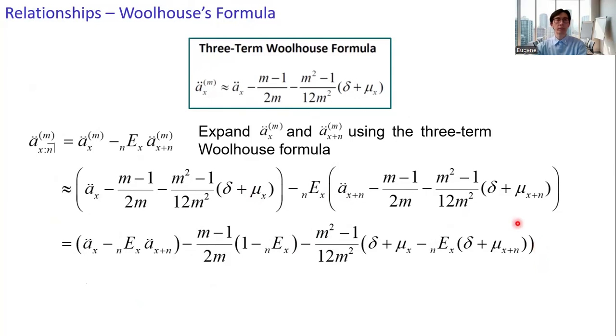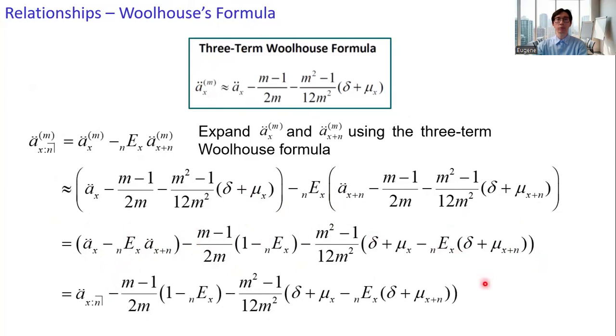The first term in the bracket simply is the n-year temporary annuity due with annual payment, a double dot x angle n, and then the rest of the expression remains unchanged. And this is the three-term Woolhouse formula for the n-year temporary annuity due.